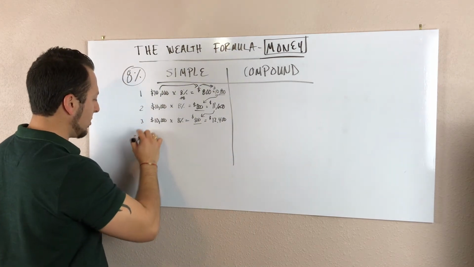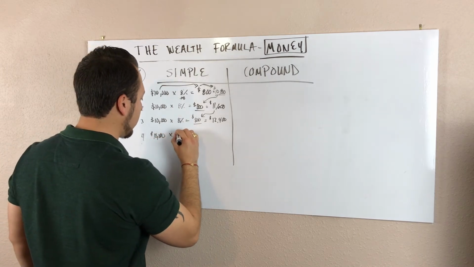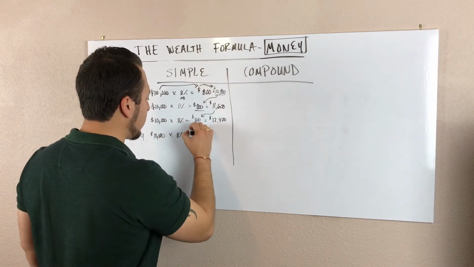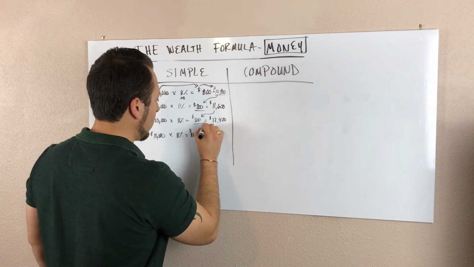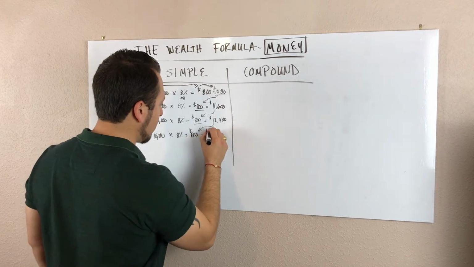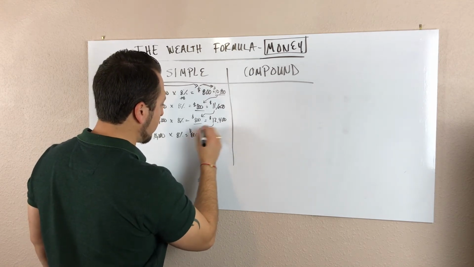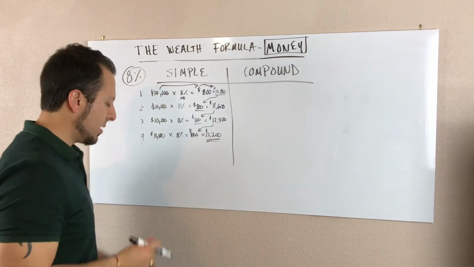Year four, same $10,000 investment using simple interest at 8% return on investment is another $800. So these two together is 13,200, I believe. I think I did that math right.